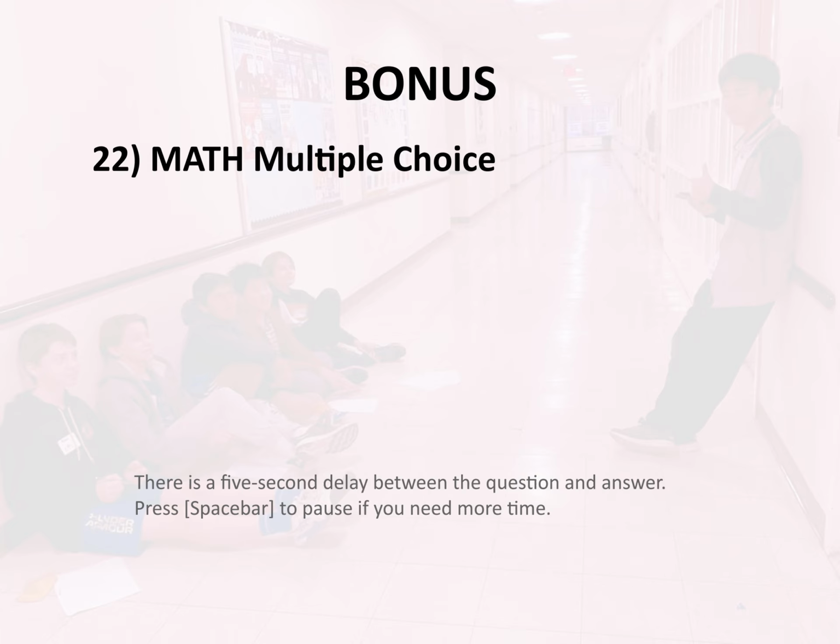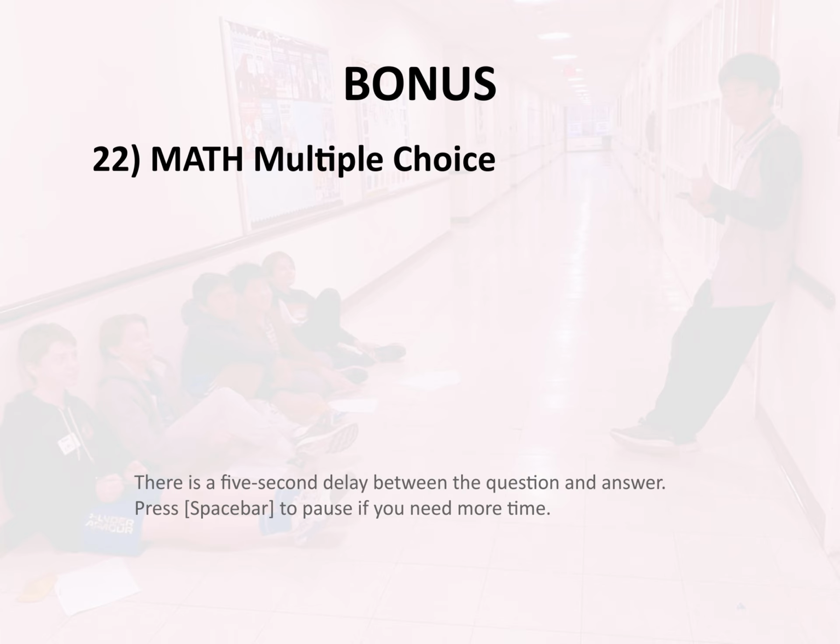Bonus, 22. Math. Multiple choice. A jar contains 50 marbles. Exactly 10% are green, 20% are blue, 30% are yellow, and the rest are orange.